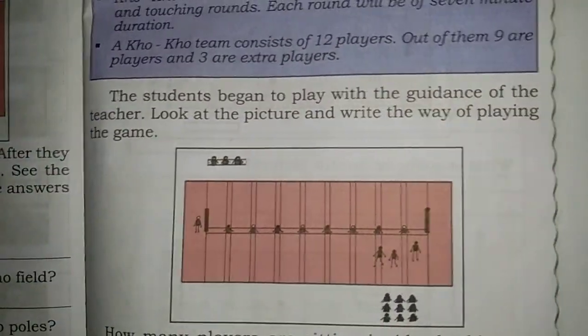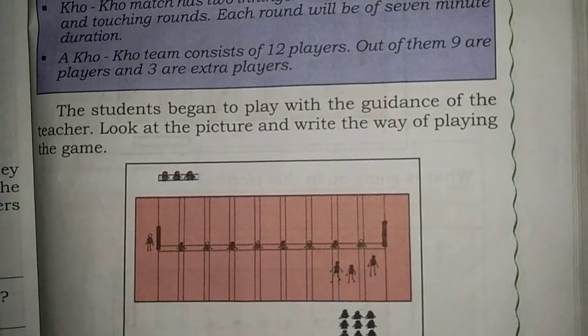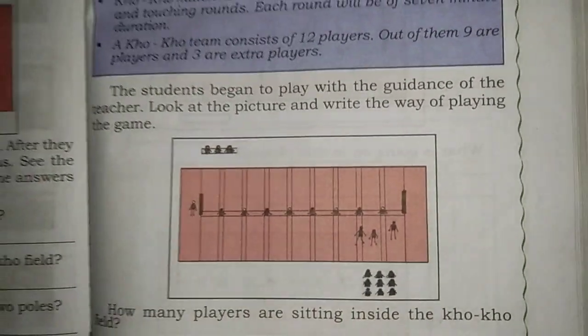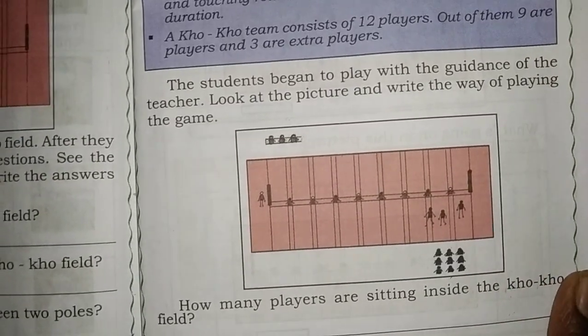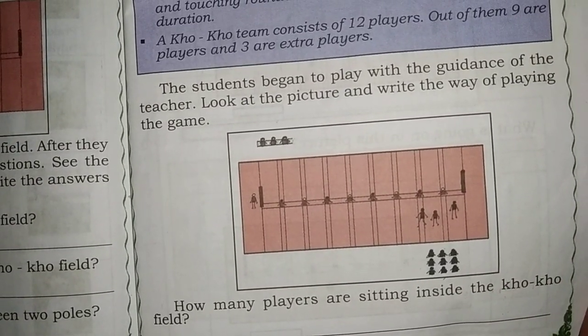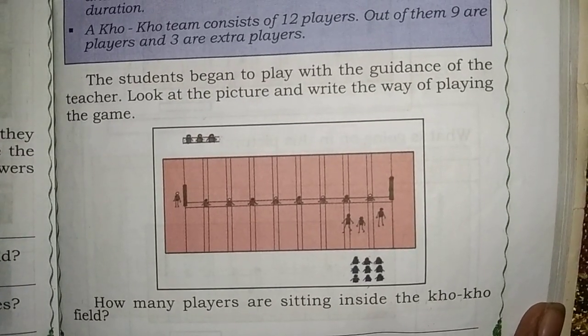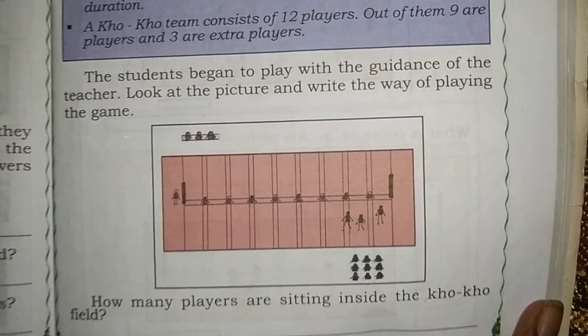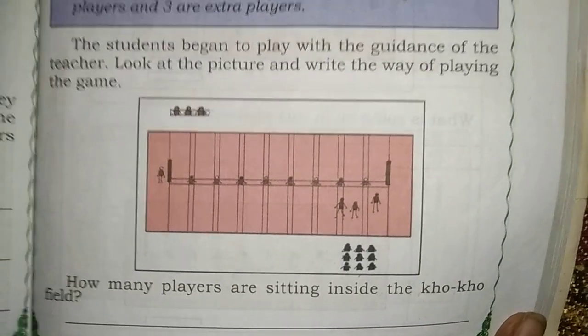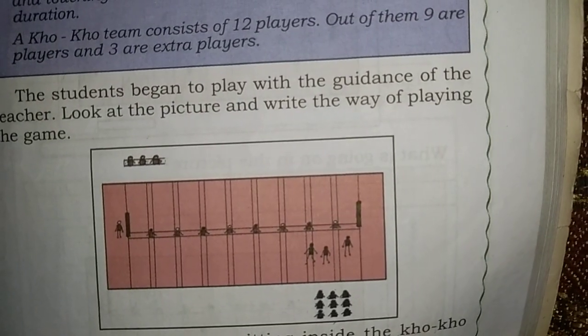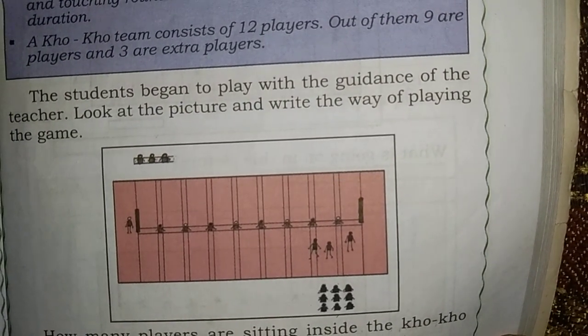Now the students began to play Coco with the guidance of the teacher. Look at the picture and write the way of playing the game. This is a Coco field and the students are sitting in the Coco field and 3 are entering the field.